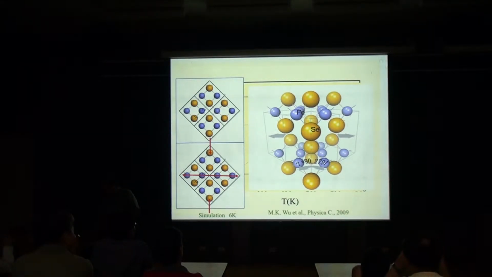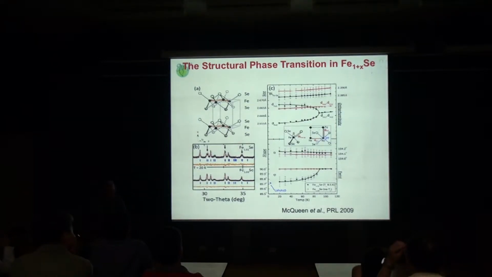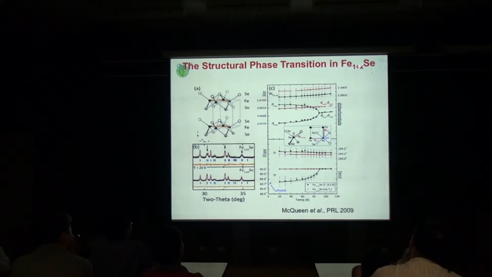More importantly, we were able to identify two works. One is from a group in Princeton, Bob Cava's group, who followed our work and made a very important and beautiful demonstration by changing the stoichiometry only slightly, from 1.01 to 1.03.